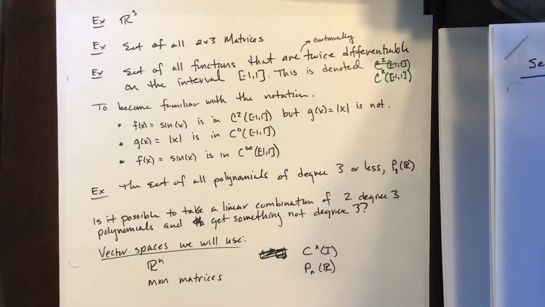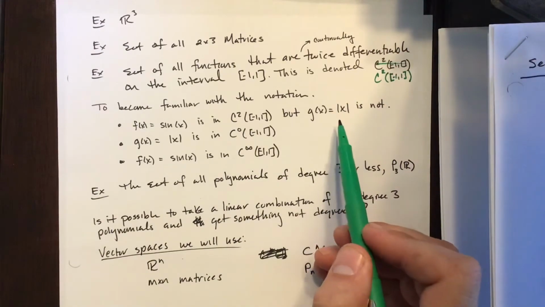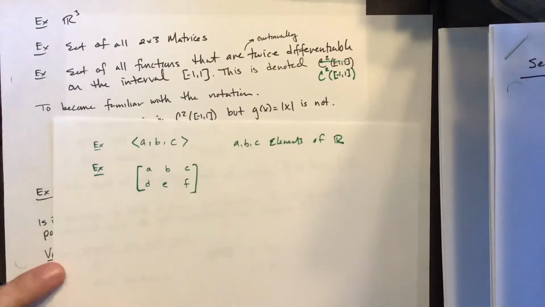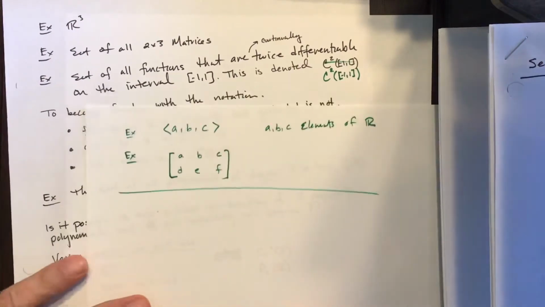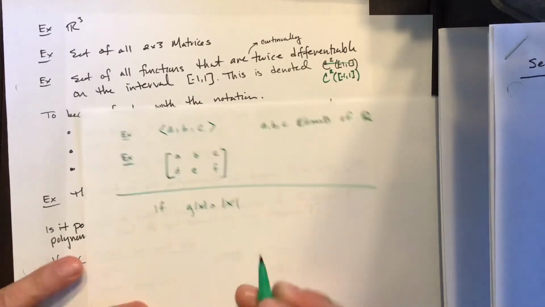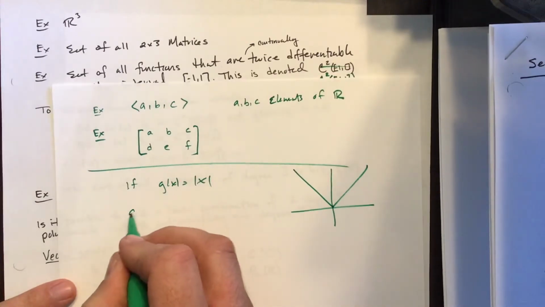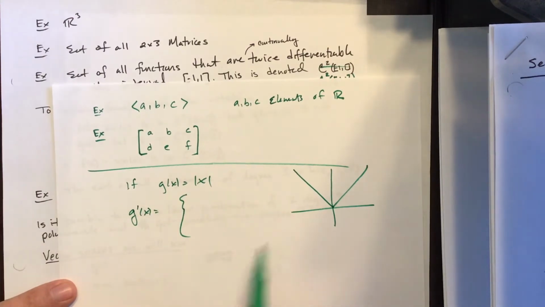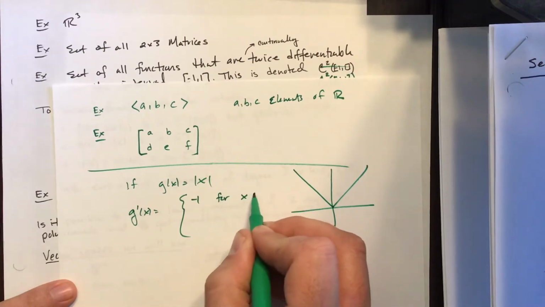The reason why it's not is that it is not continuously twice differentiable, because think about it, if you were to take the derivative of g of x, I'm just working on my scratch piece of paper here. If g of x is the absolute value of x, which looks like this function, g prime of x is a piecewise function. It's -1 for x less than 0.